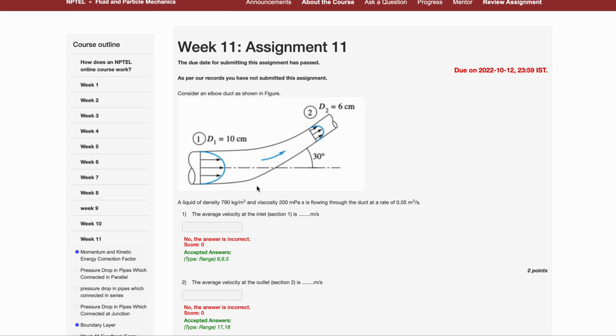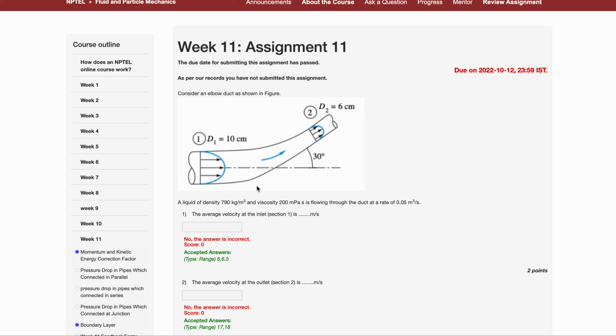0.06 meter. It is given that consider an elbow duct as shown in this figure, a liquid of density, so the density of the liquid is 790 kg meter to the power minus 3, and the dynamic viscosity mu is equal to 200 into 10 raised to minus 3 Pascal second.